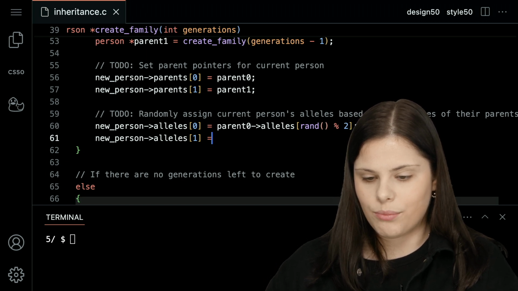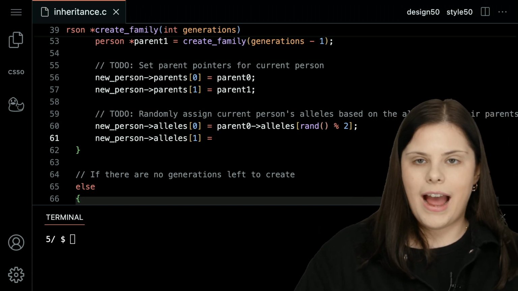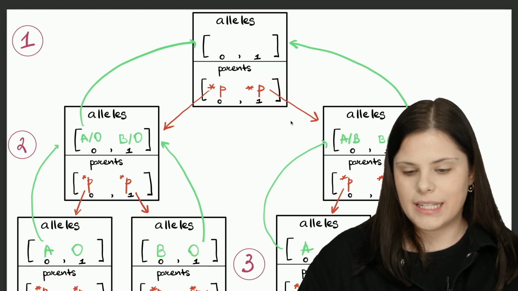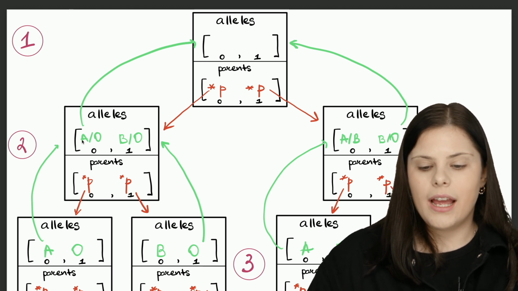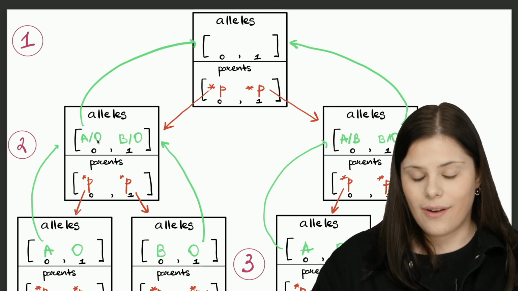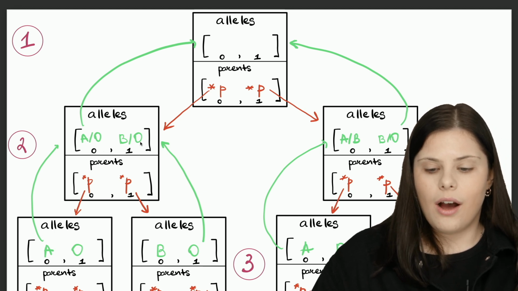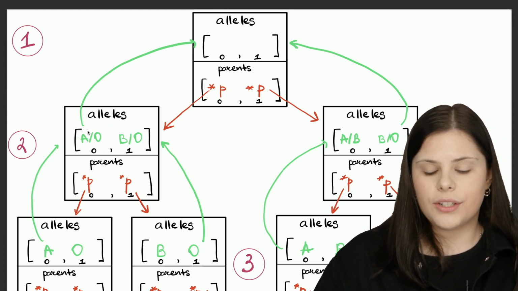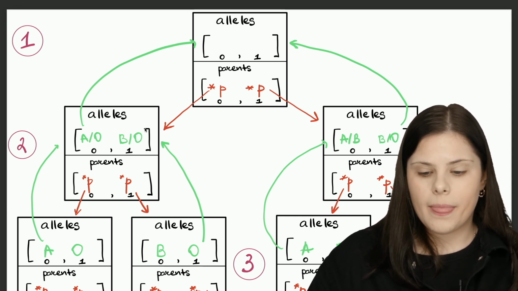So let's break it down a little bit more. If I have my parent 0, for example, this guy right here, and imagine this will be like A or 0 actually. So if I'm looking at alleles of this parent, right, I can pick between the two. So I can pick either 0 or 1.